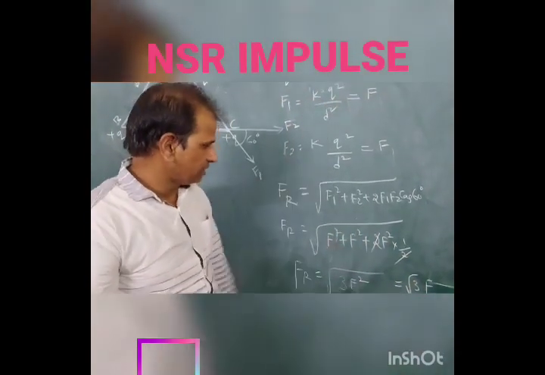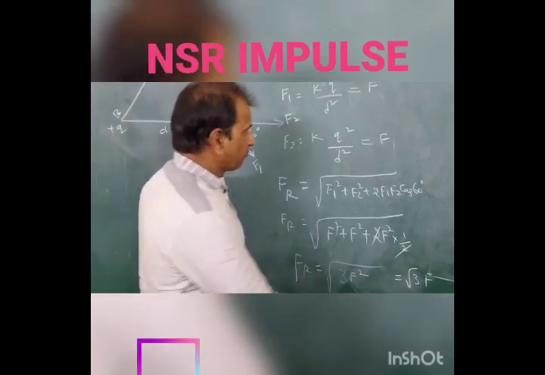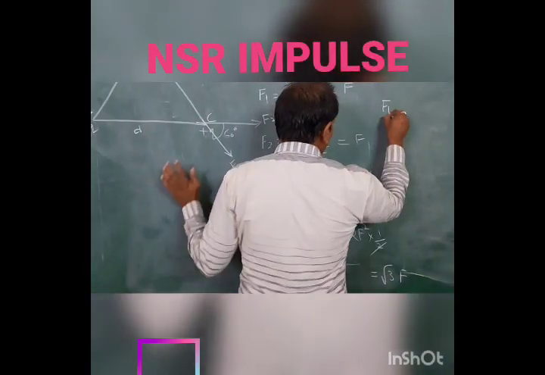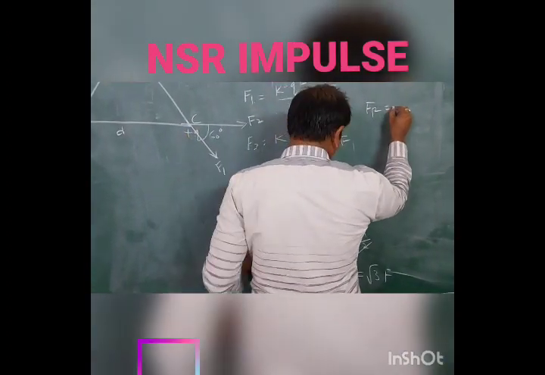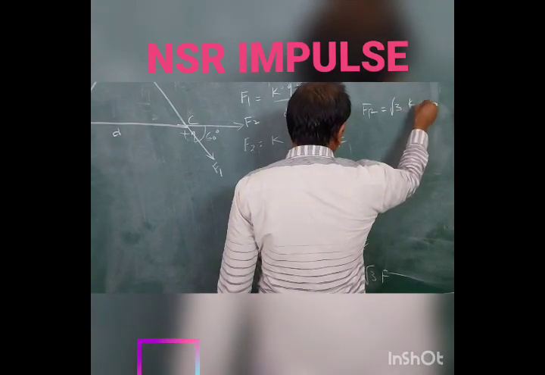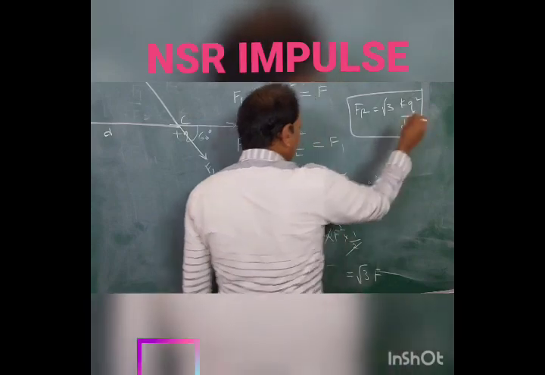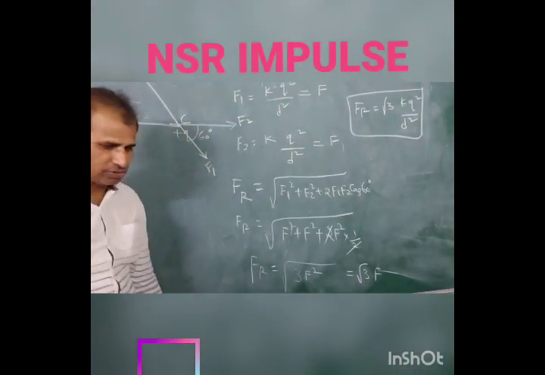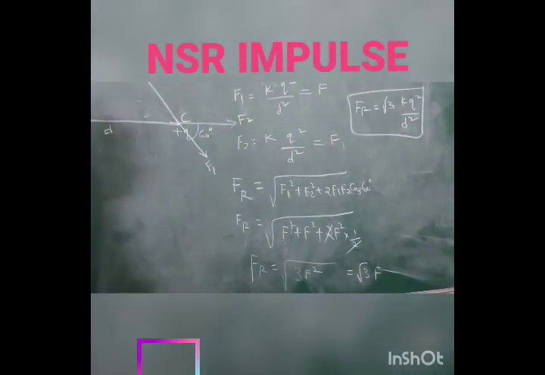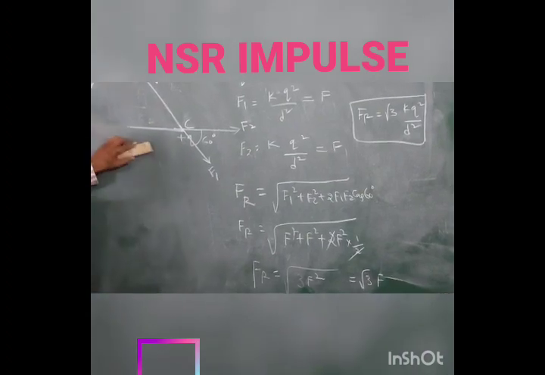Kq square by d square. That is the resultant force. So the resultant force on this charge is equal to root 3 into Kq square by d square. This is the resultant force acting on that particular charge.